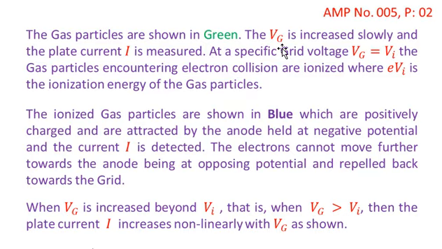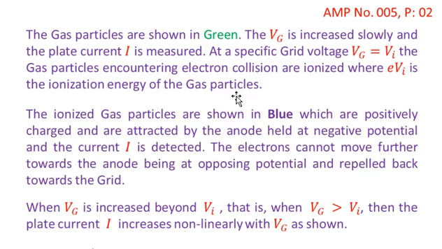The Vg, which is the grid potential, is increased slowly, and the plate current I is measured at a specific grid voltage, which we can say that Vg is equal to Vi. The gas particles encountering the electron collision are ionized, where E times Vi, you see that Vi is the voltage. If we multiply it with e, the charge of the electron, it is converted into energy. So eVi is the ionization energy of the gas particles.